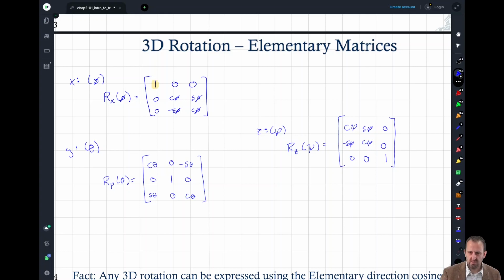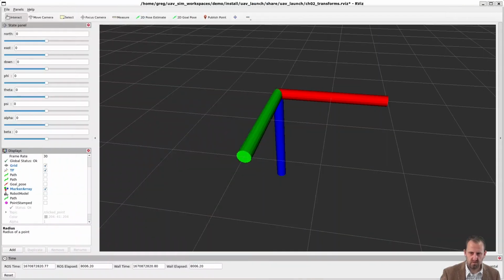So again, let's go back to the GUI here. Theta, remember, is about that y-axis, that green axis. If we're doing a positive rotation about the green axis, now we'll go to a negative rotation. We're grabbing that axis and moving things around. Okay, we'll get it close enough to 0.